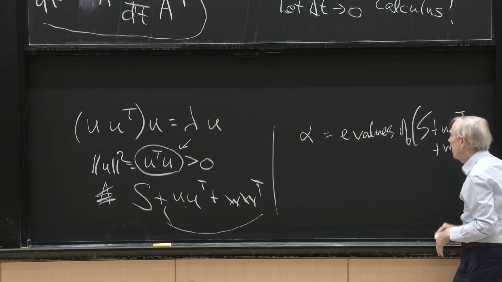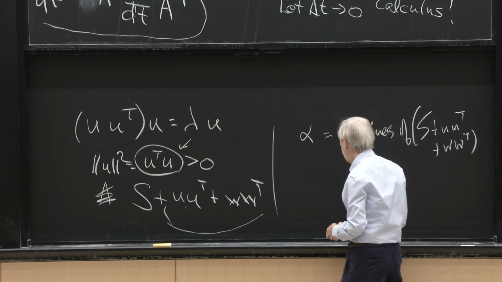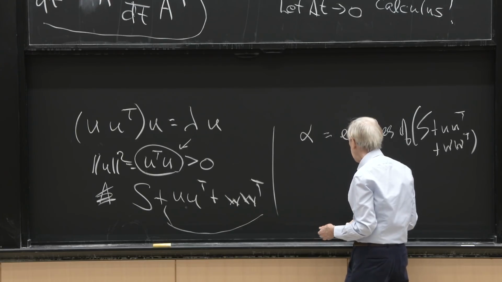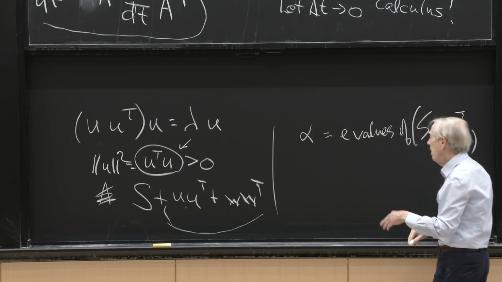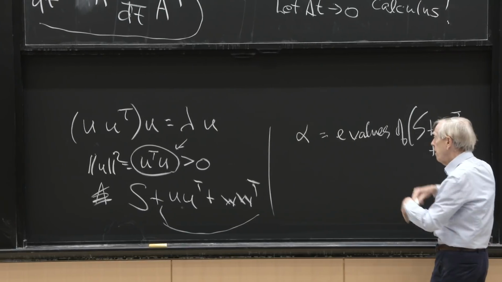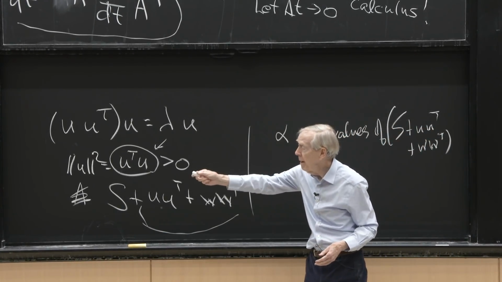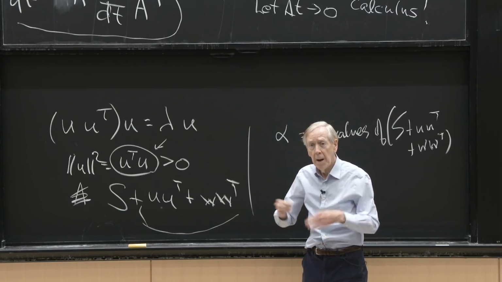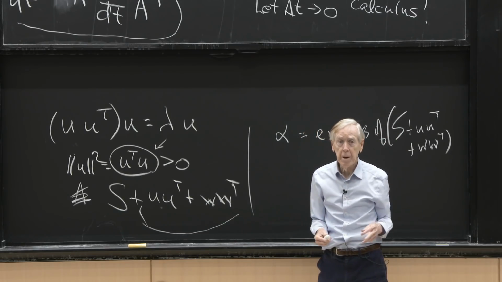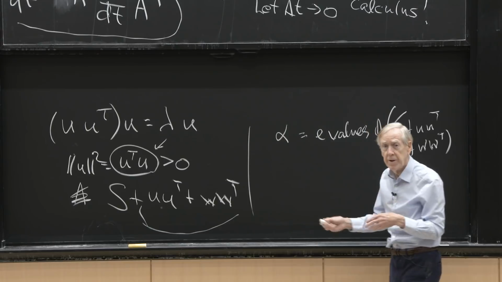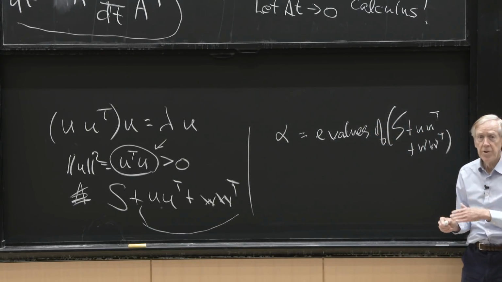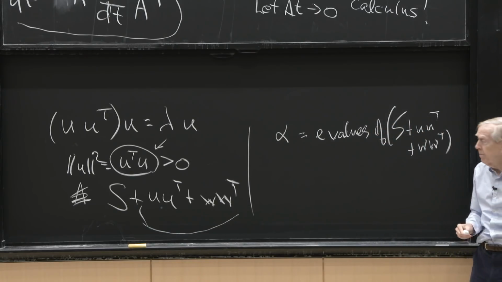Okay. Now, what am I going to be able to say? Can I say anything about, well, of course, alpha 1 is bigger than lambda 1, which was bigger than... eigenvalues are going up, right? I'm adding positive definite or positive semi-definite stuff. There's no way eigenvalues can start going down on me.